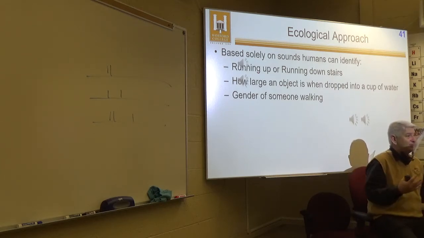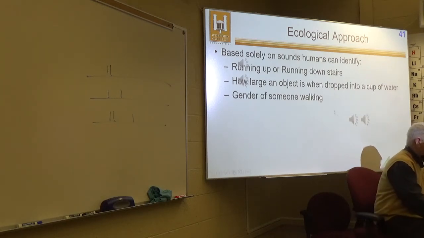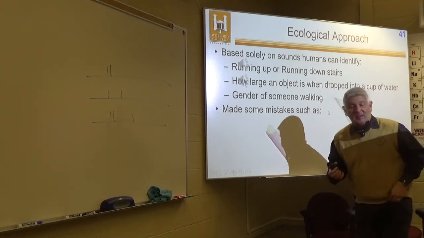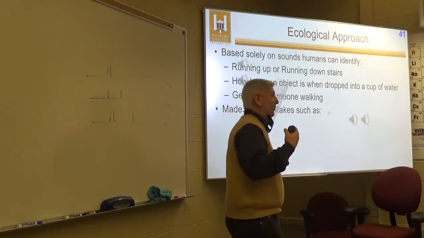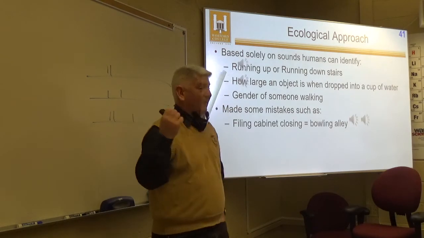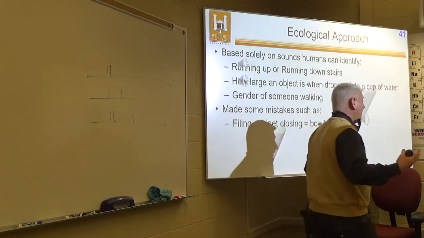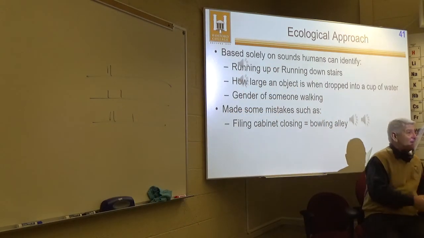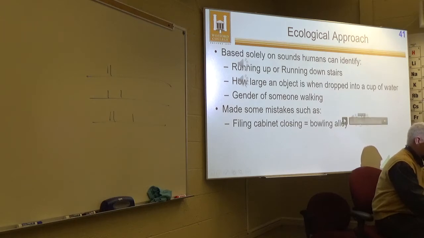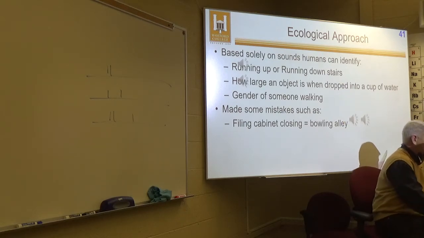These are actions that your brain is interpreting based on these sounds. And sometimes we make mistakes, right? Where you think, oh, that's a vending machine, or that's an elevator, when it's actually a filing cabinet closing. And if I say that and then play it again, that top-down influence now becomes really clear, if you're expecting what that sound is supposed to be.